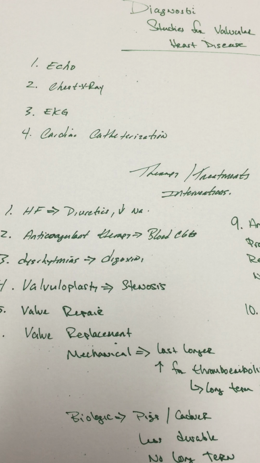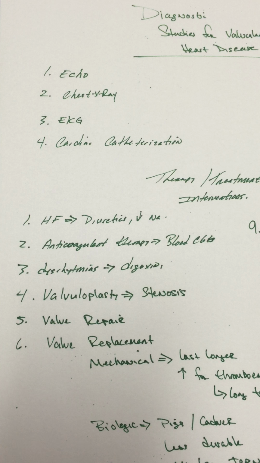So what are some therapies, some treatments, some interventions for these patients? Number one, if they are suffering from heart failure, a diuretic may be given, again, to push some of that fluid out of the lungs. You may also be told to decrease sodium intake.